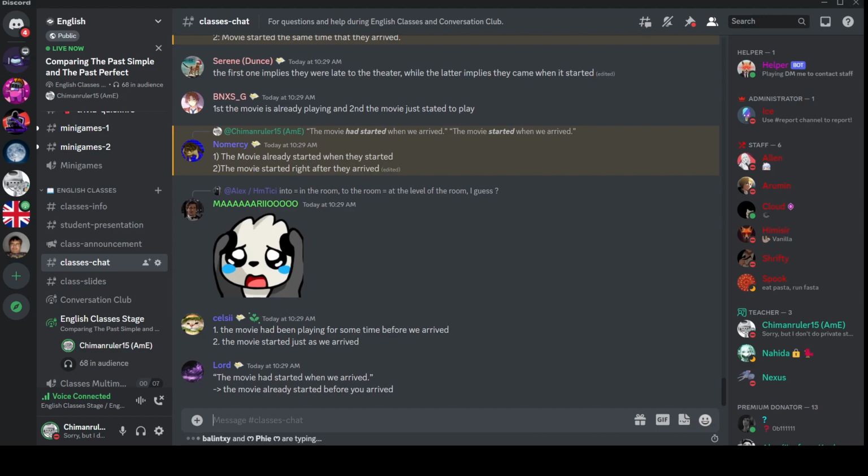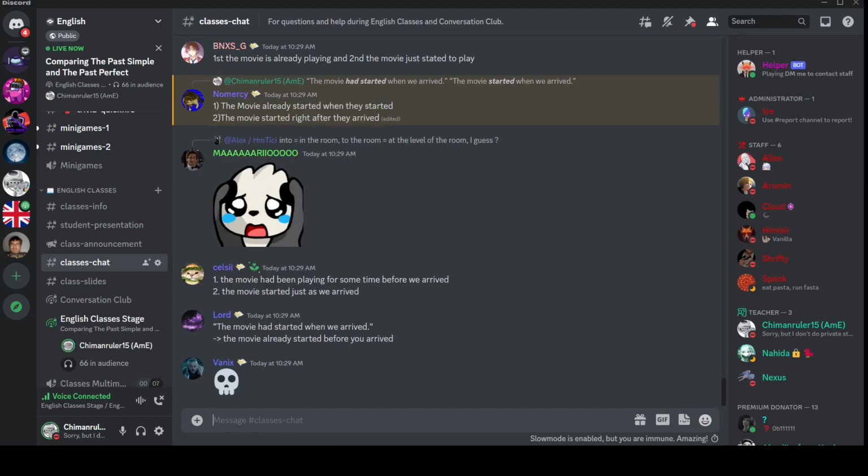Yeah. So in the first one, the movie started before the arrival of the speakers, whereas the second one means that the speakers arrived right when the movie started. So the past perfect pushes an action further back in time, whereas the past simple doesn't do that, from this context, anyway.